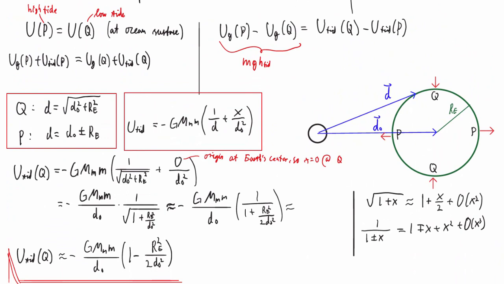All right, then we just have to use what we found up here. That MGH high tide is this difference here.